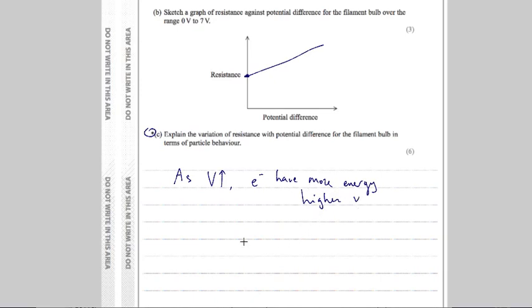Now what that means is that we have more frequent collisions with the lattice of ions.